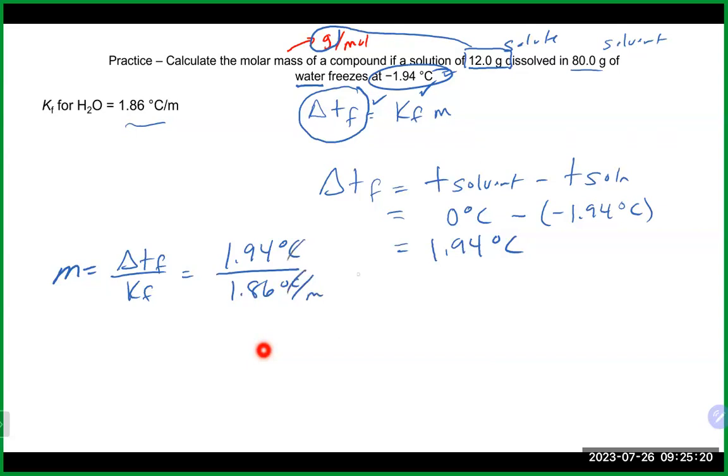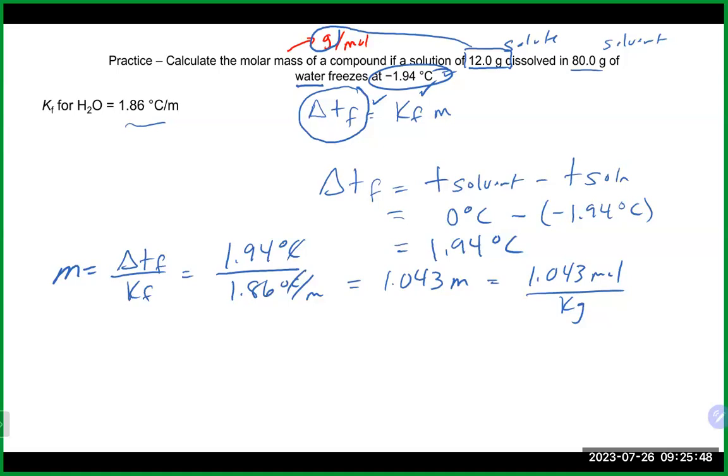The degrees Celsius will cancel, and that gets us 1.94 divided by 1.86. Call it 1.043, and this is molality, which is the same as 1.043 moles per kilogram of solvent in this case. Any questions on that so far here?